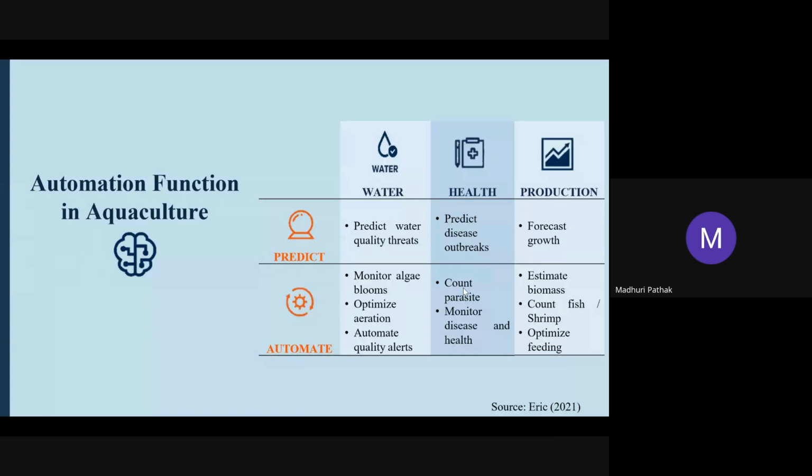On the health side, we can automate parasite counting, monitor the disease and health, estimate the biomass, count the fish, and optimize the feeding.